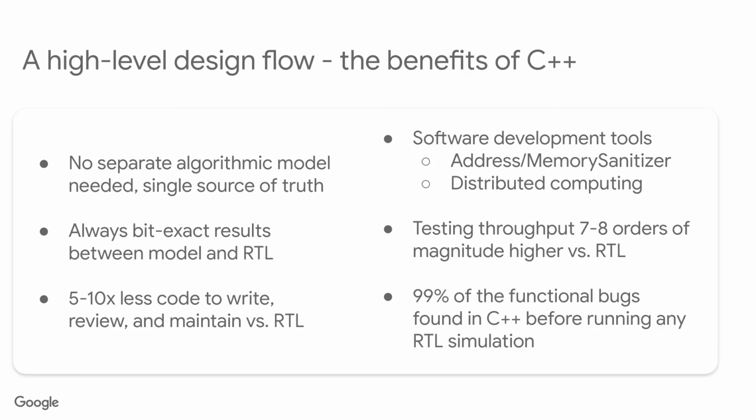To mention a few of the benefits of HLS that we observed. First of all, there was no need to create a separate algorithmic model of the encoder. The HLS model acted both as the reference model and as the hardware design. So besides the time and effort saved, we could always match our C++ model with our hardware, and there would be no mismatch bugs between the two.